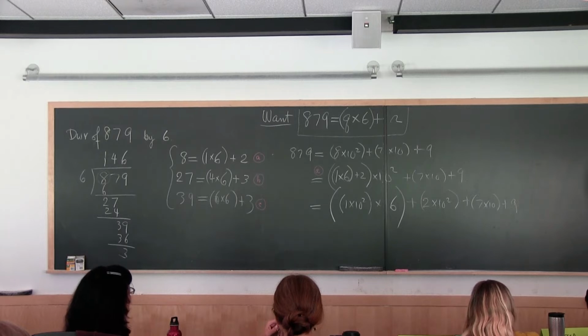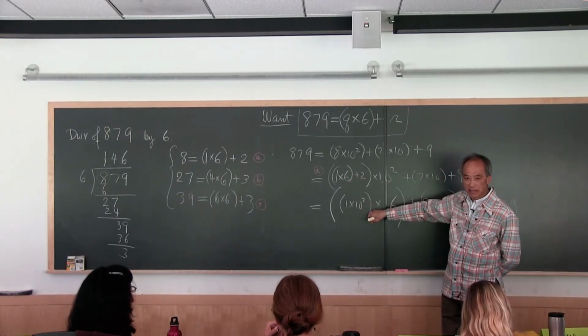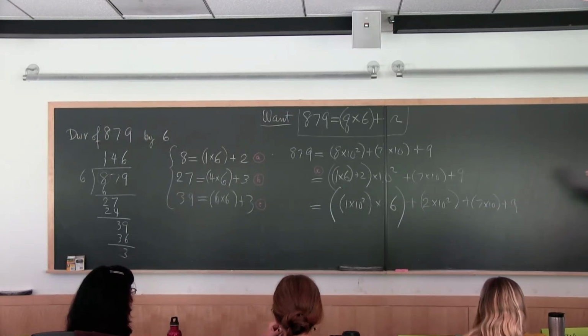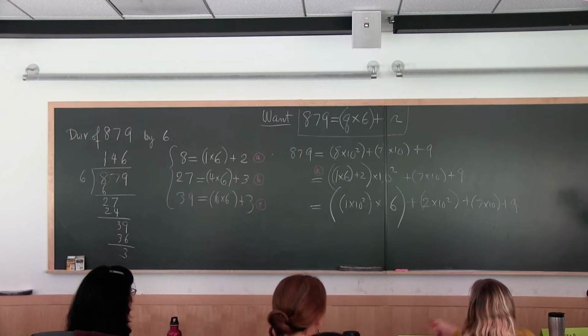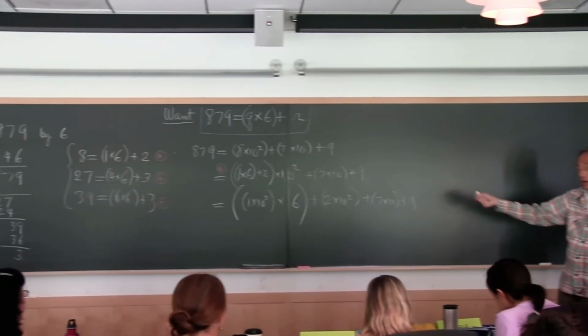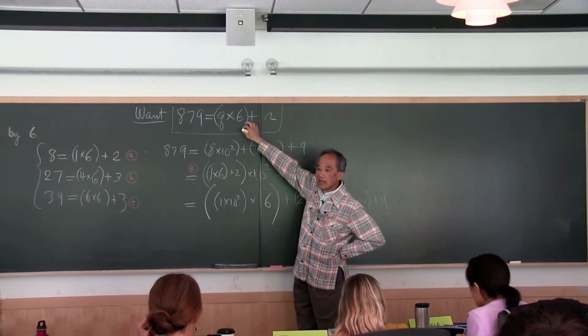First of all, never mind what has been done, just check that this indeed is equal to this. You agree? Right. No matter what, the first requirement is that you be correct, right? So this is correct. Now, when it's already correct, you can ask, why on earth do you do it? Well, exactly as I said, this begins to look like something like this, and that's a good thing.